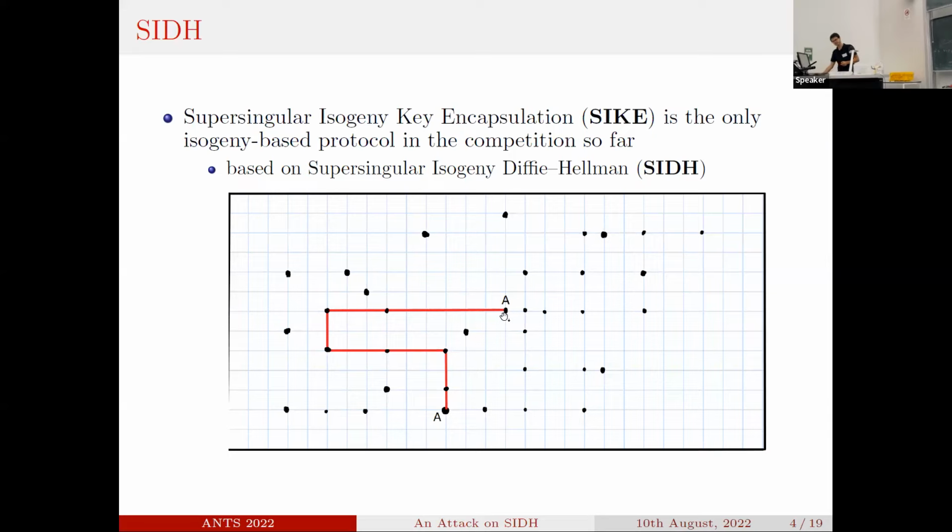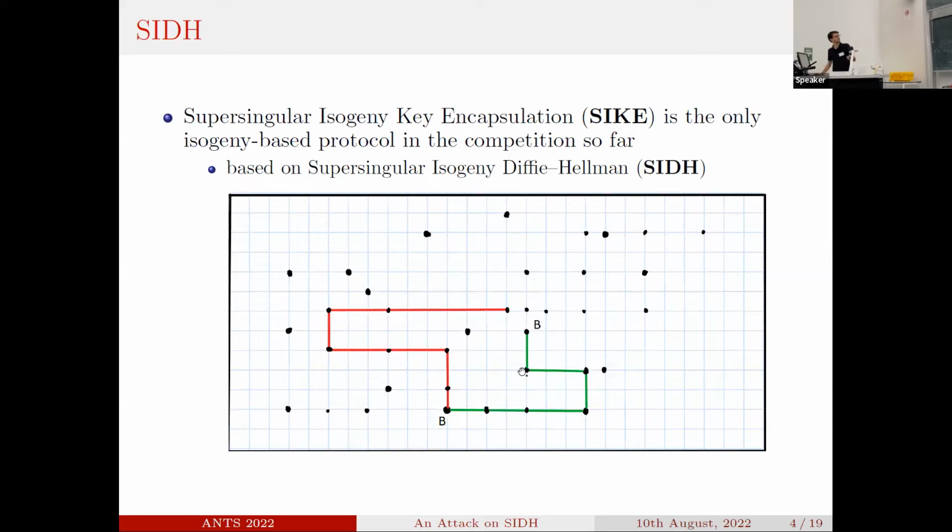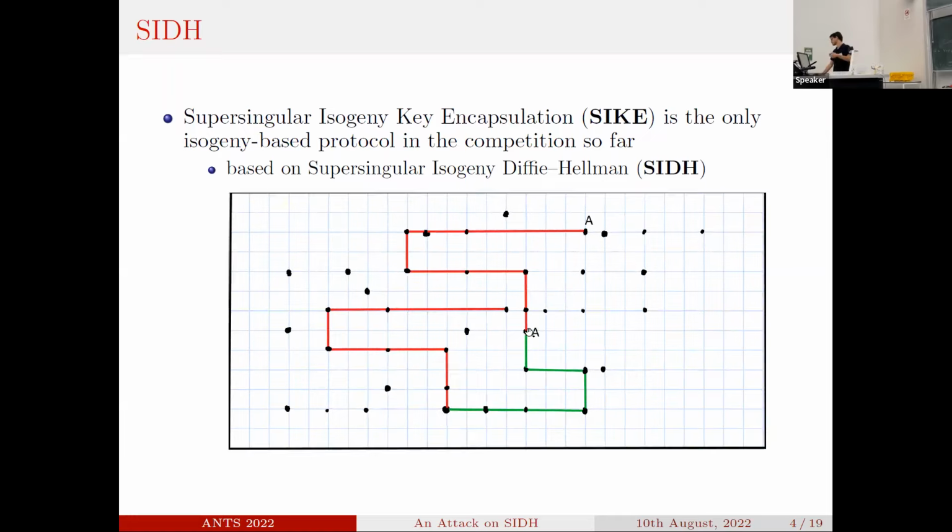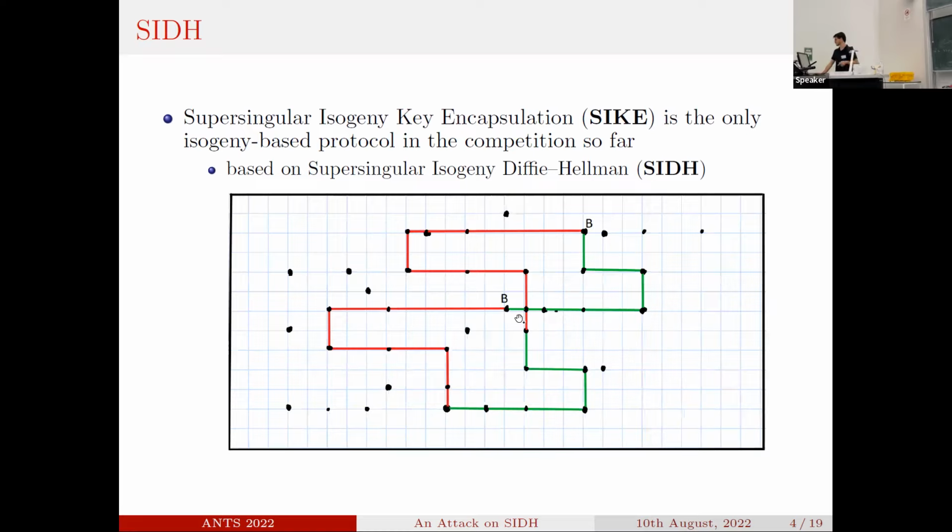Then Bob does the same, starting from the same starting curve. And then using some additional information, as Badr explained, Alice, starting from Bob's endpoint, repeats the same exact walk and ends up on this curve, and Bob does the same the other way.